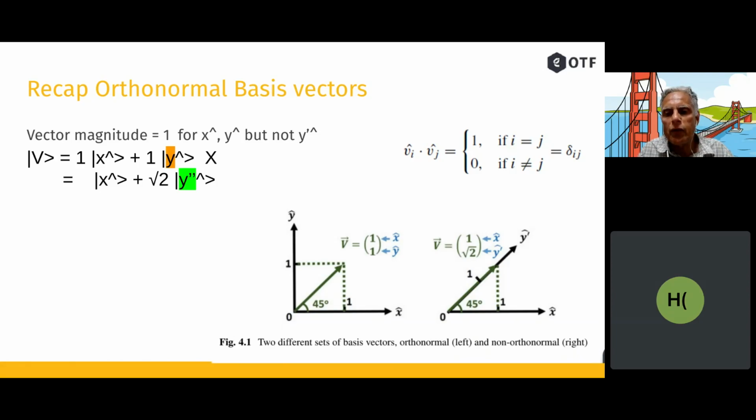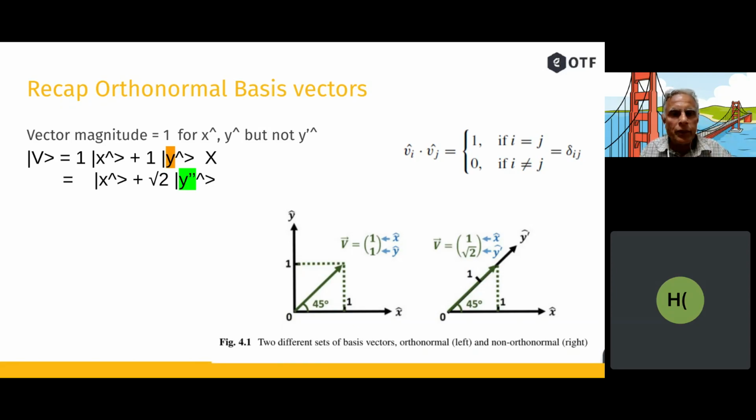So even if you take 1 unit of y prime cap and x cap, they still are not orthogonal. The condition for orthonormal is first that they should be orthogonal. If they are not orthogonal, they are not going to be orthonormal. So this is the way.